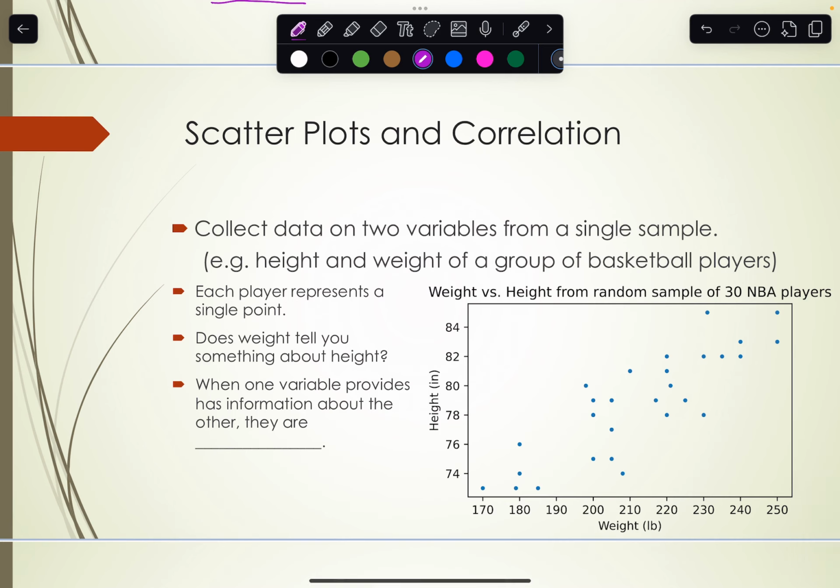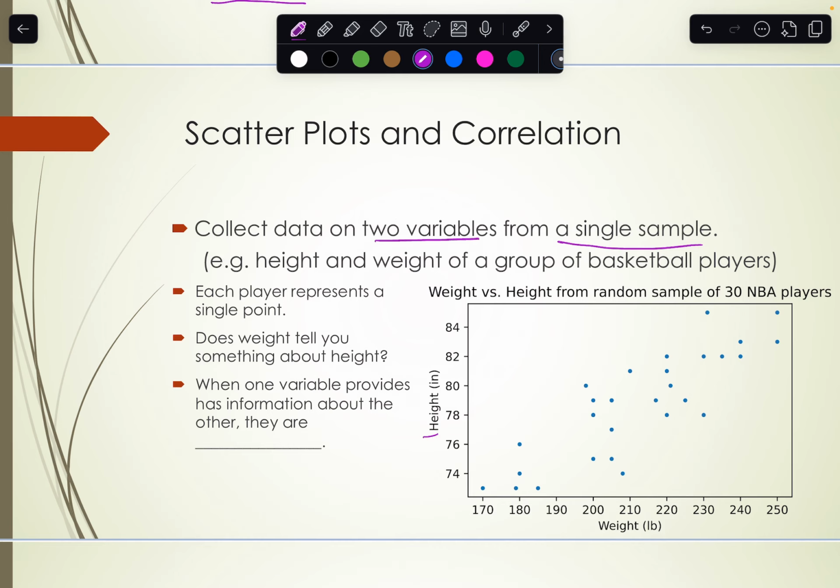Scatter plots are a way of visually displaying bivariate data. You recall what bivariate data is. You have a number of subjects and you look at 2 variables from each subject or sample. You can plot those variables on the 2 axes.